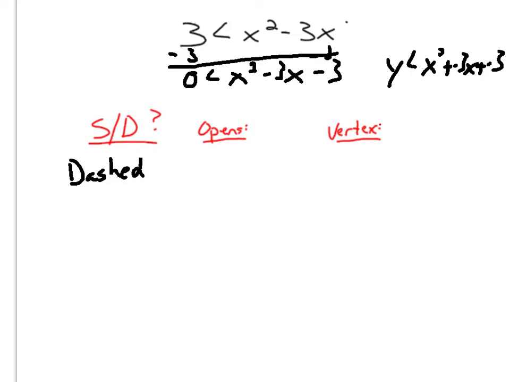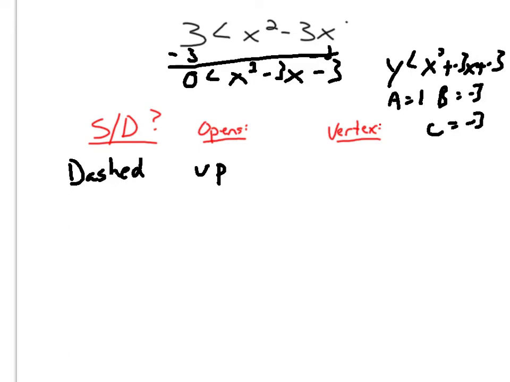Which way does it open? Well, first let's go ahead and pick out our A, B, and C. Our A is 1, our B is negative 3, and our C is negative 3. Well, since our A is positive, that means it opens upward. So it's going to be a dashed parabola opening up.